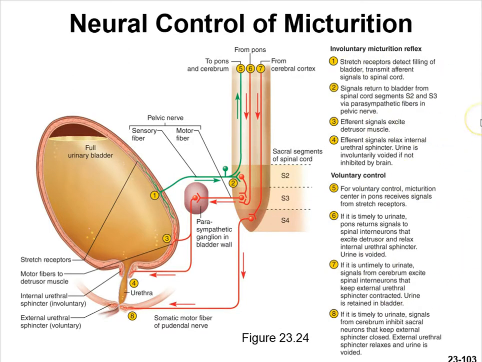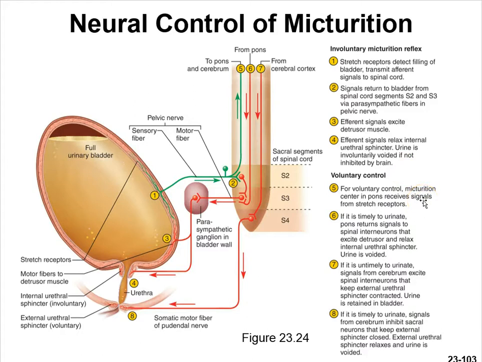Number 1, stretch receptors detect the filling of the bladder and then transmit the afferent signals to the spinal cord. 2, the signals return to the bladder from the spinal cord segments S2 and S3 via the parasympathetic fibers in the pelvic nerve. 3, the efferent signals excite the detrusor muscle. 4, the efferent signals relax the internal urethral sphincter. The urine is involuntarily voided if not inhibited by the brain.